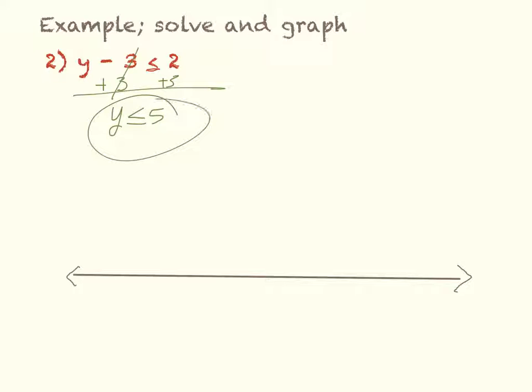So when I'm graphing that, y is less than or equal to 5. So on the 5, I'm going to have a filled in circle because it's or equal to, and then it's anything less. And that is your final answer.